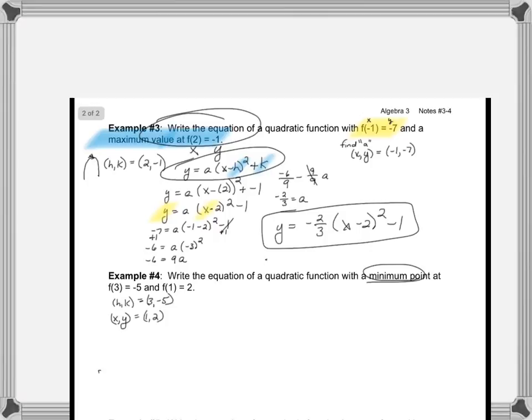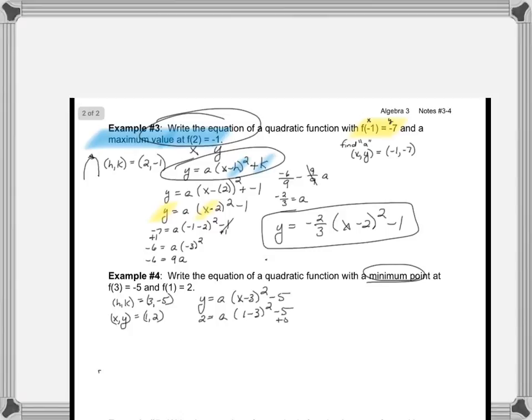Okay? So we start putting our h and k in. y is equal to a times (x minus 3) squared minus 5. Then we replace with the 1 and the 2.